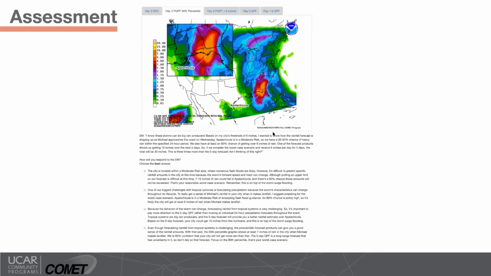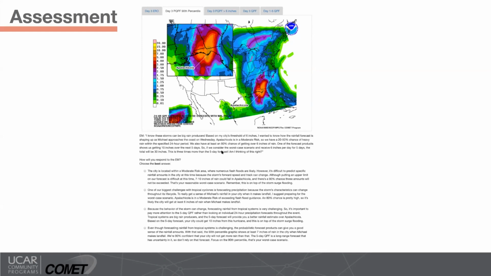Now, a more complex question is on the screen right now. We have provided our learners with access to probabilistic QPF guidance and deterministic QPF guidance, and then we have placed them in a scenario in which they have received a question from an emergency manager in the small town of Apalachicola right there, and the students need to answer that question.